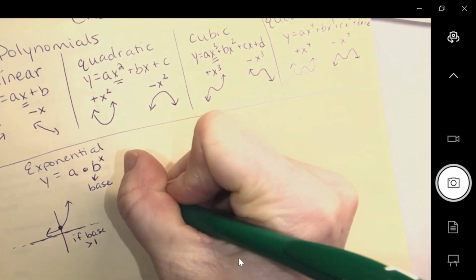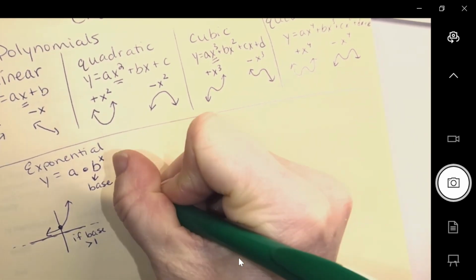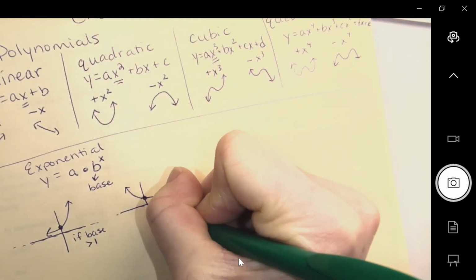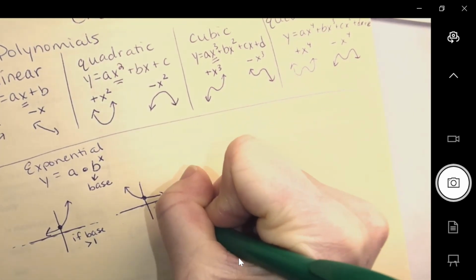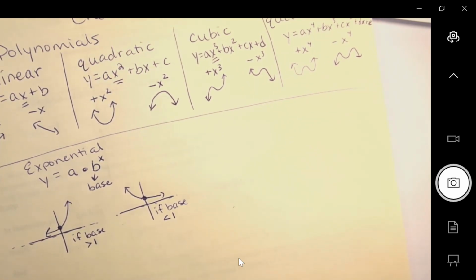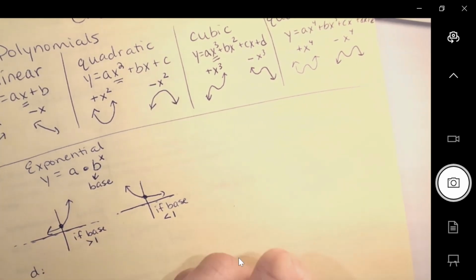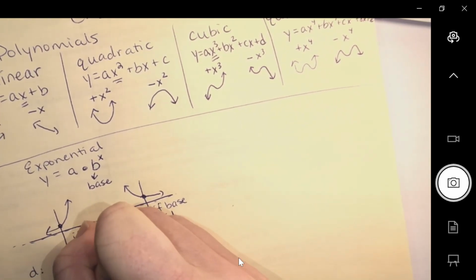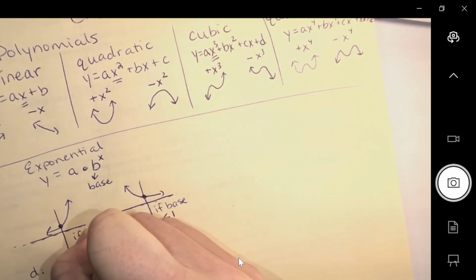What if you're exponentially decreasing? If base is less than 1. I feel like on these ones we did a little bit of work with domain and range. So the domain is all the x's, which is anything. You can write it either way. I don't care which method you write.